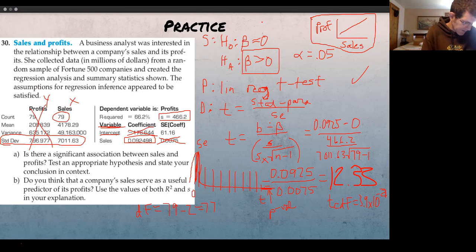I'm not going to write it all out completely, but I want to remind you of our template. Because the p-value is less than the significance level, and this is where you can plug in the numbers, we reject the null hypothesis.